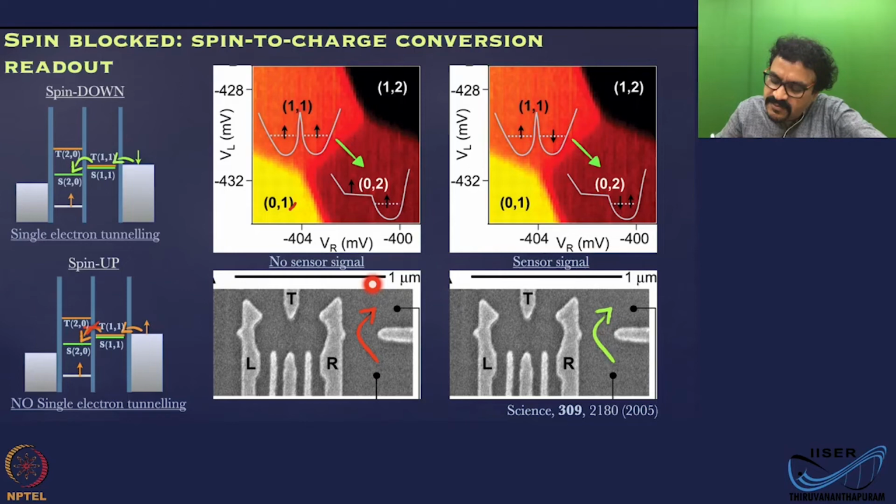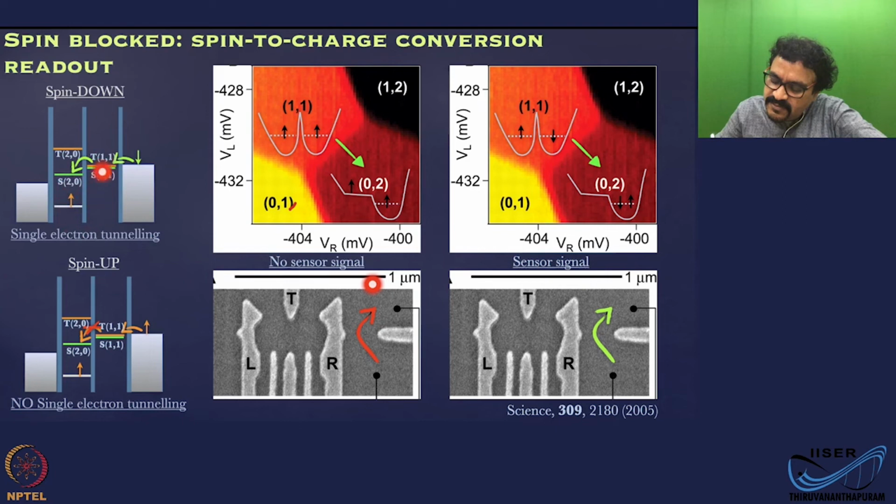And spin blockade, we have done in great detail. What you have is a stable spin here in a double dot system, and when another spin tunnels into this dot, this spin can form a singlet or a triplet state for this combined system.